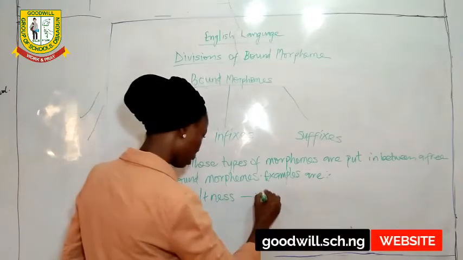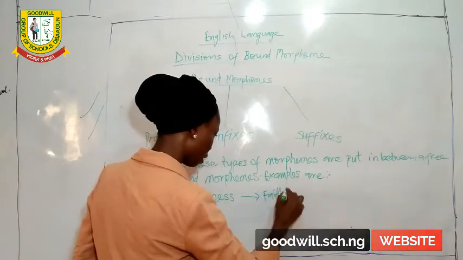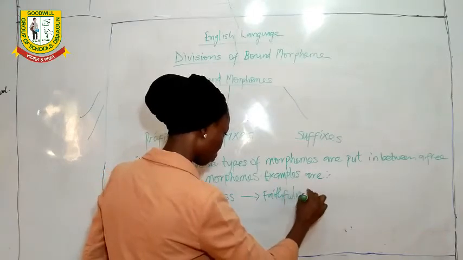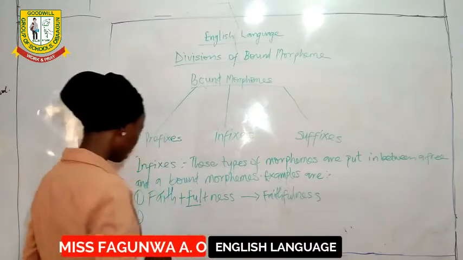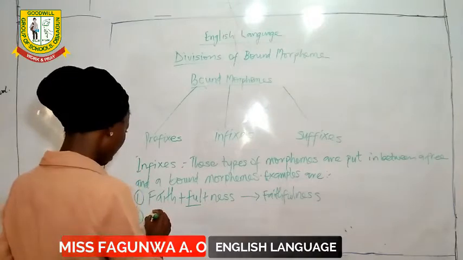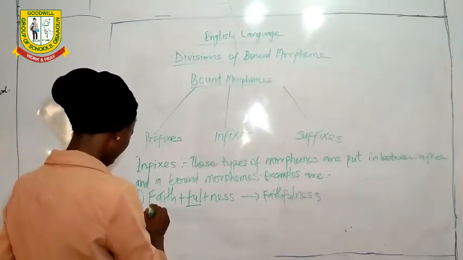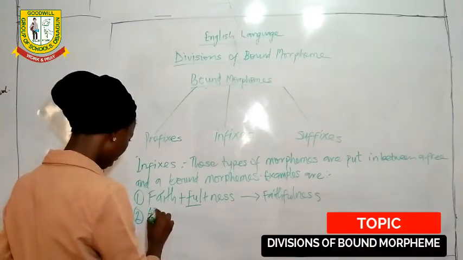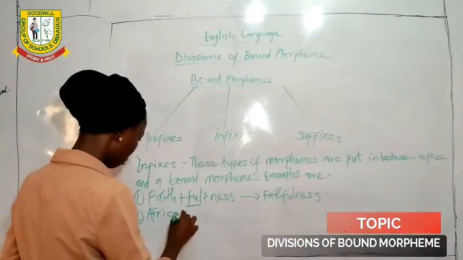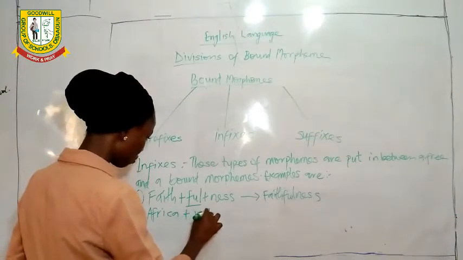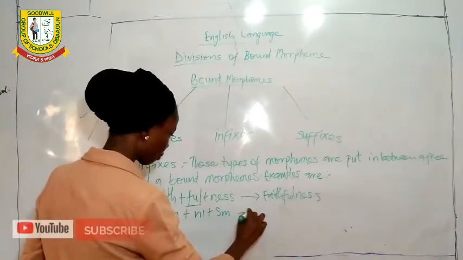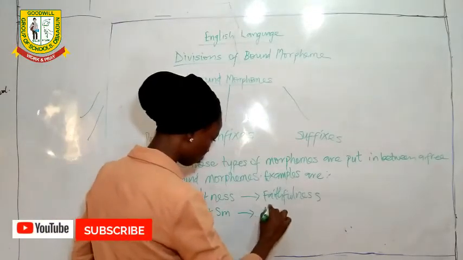So we have faithfulness as a word here. These are infixes. We have Africanism: Africa plus ni plus zim. It gives us Africanism.